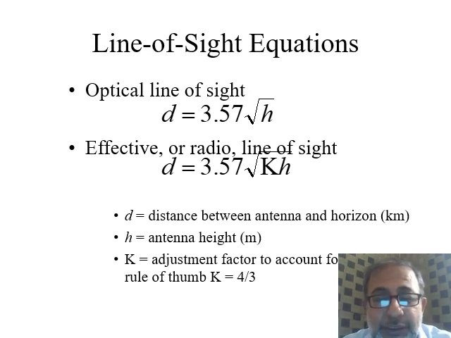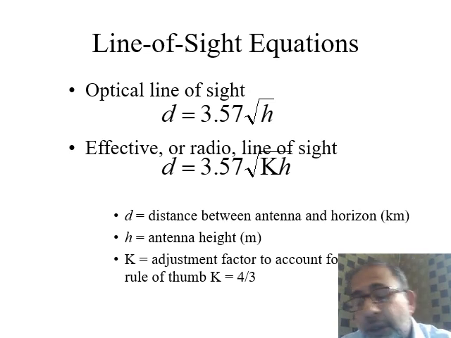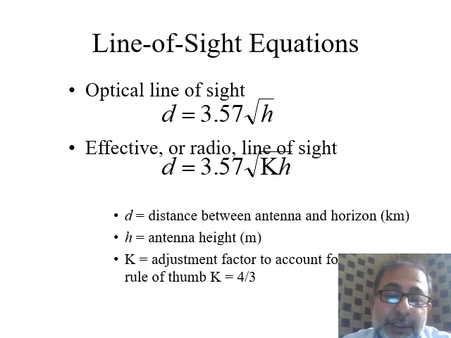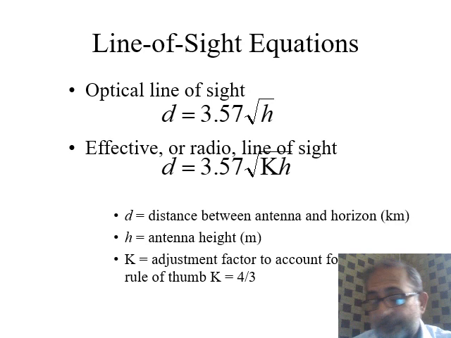It is actually the effective or the radio line of sight, which gives us a distance which is a bit farther as compared to the optical line of sight, because the signal goes beyond this optical line of sight, and this distance becomes 3.57 into under root k into h, where k is the adjustment factor and its value is 4/3.